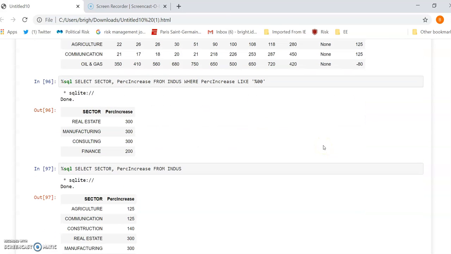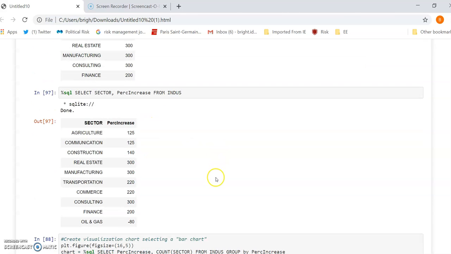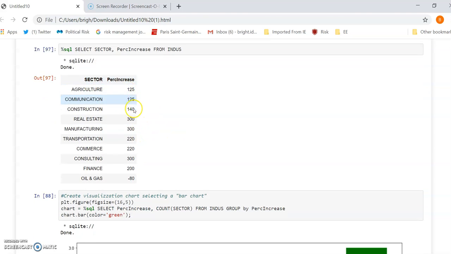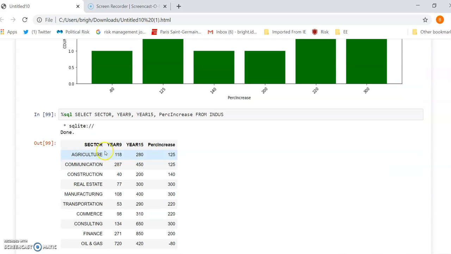This is also where I was trying out the wildcard. I used the wildcard here just to call the numbers, and I also used it before the table. I called them again using the sector and percentage increase alone, but I later changed it to the tables that I needed for the information. This is where I got the table that I imported to the slide that I showed earlier.